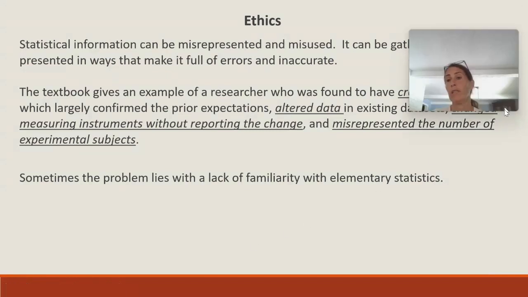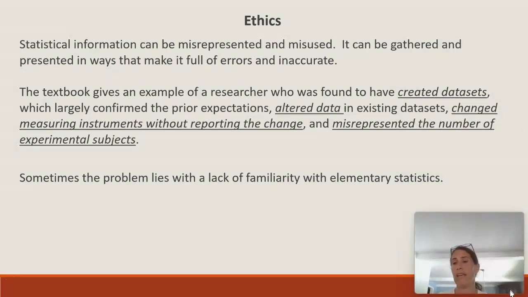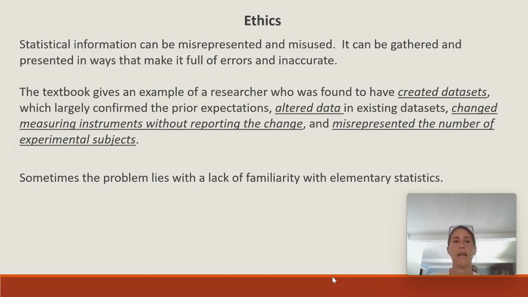So ethics is really important when we're talking about surveys and experiments and studies. Statistical information can be misrepresented and misused. It can be gathered and presented in ways that make it full of errors and inaccurate. The textbook gives an example of a researcher who was found to have created data sets which largely confirmed prior expectations.